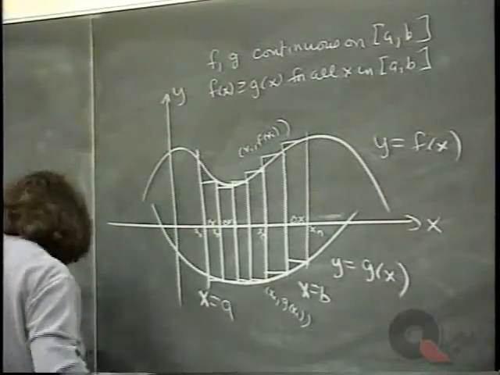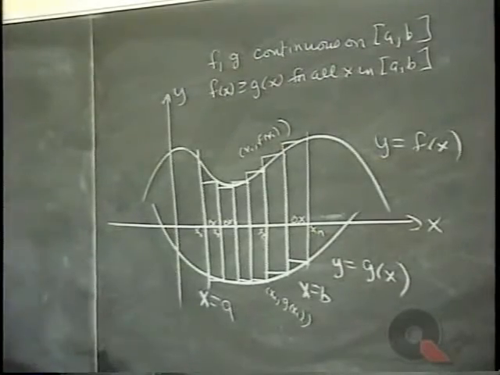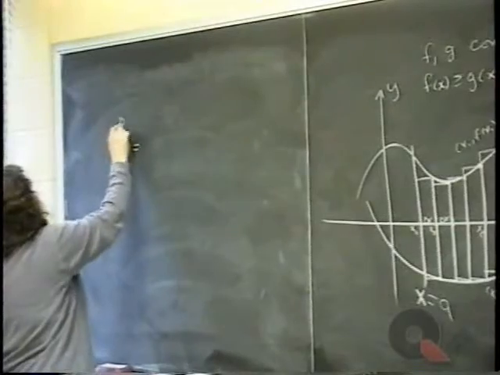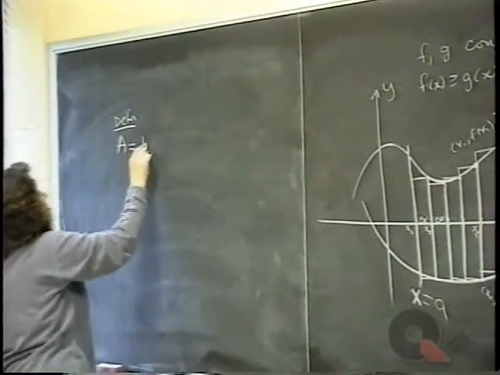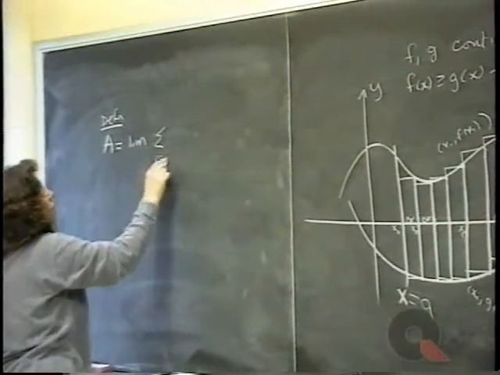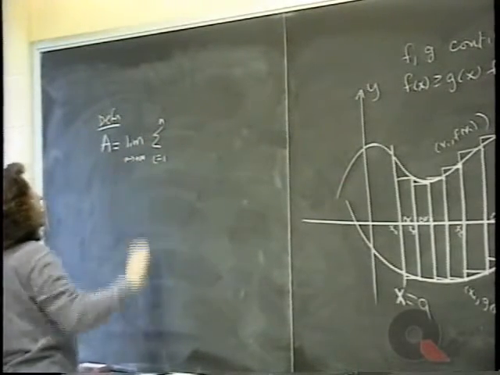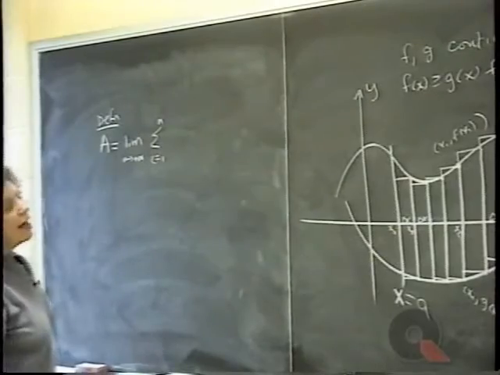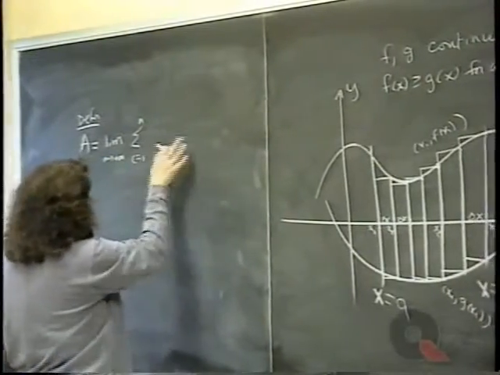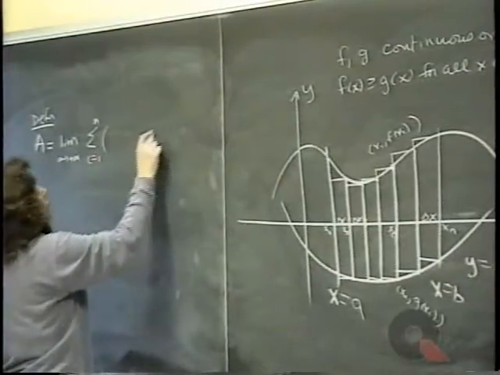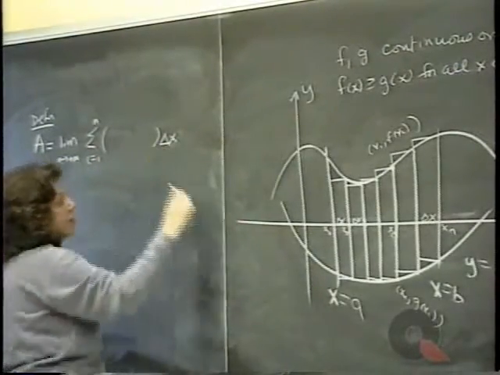The area is then defined to be the limit of the sum of the areas of these rectangles as the number of rectangles grows very large. And the typical rectangle, the ith rectangle, has area base times height. The base, of course, is delta x.